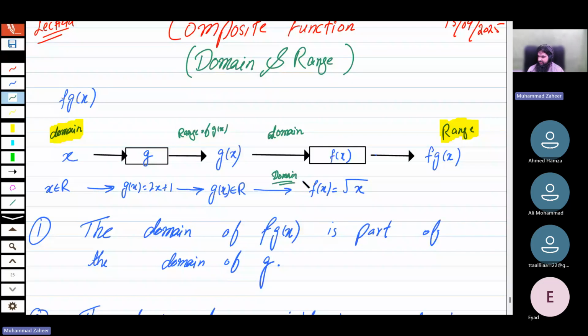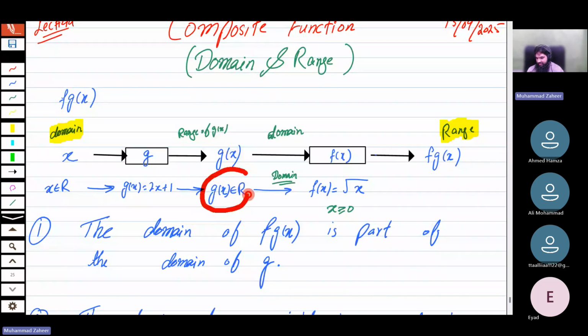Which are the values that the f of x function can take as an input? Greater than or equal to 0. Yes, greater than or equal to 0. It means that we don't need the negative numbers here.